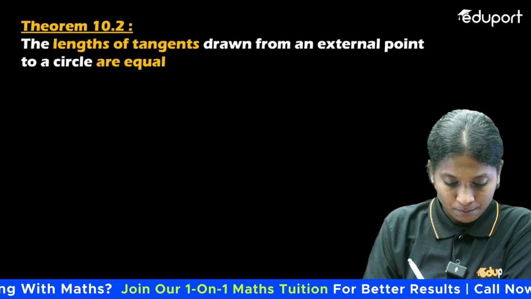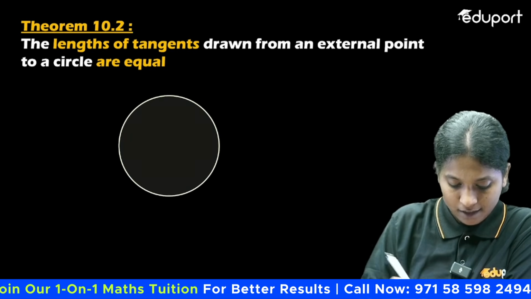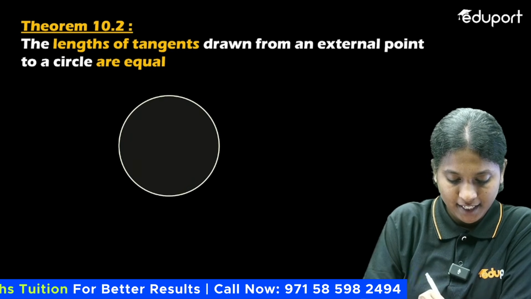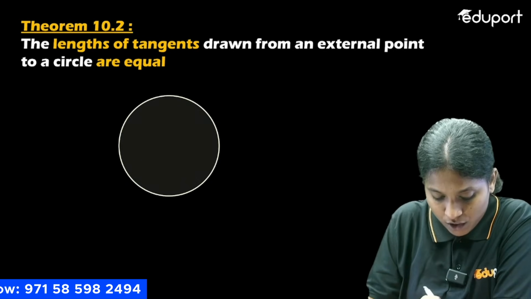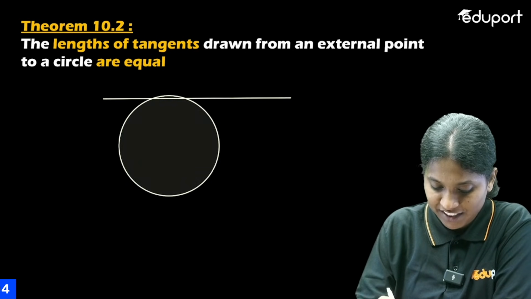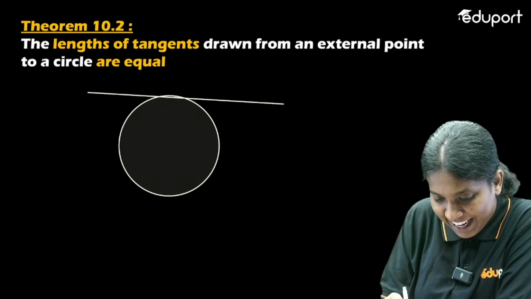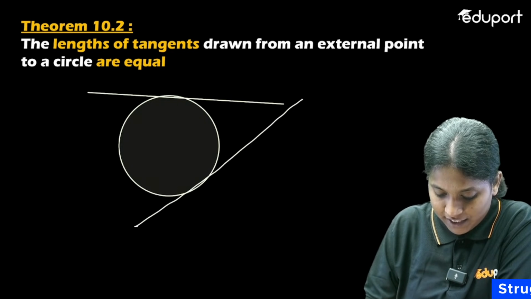So, here is a circle, and there are two tangents from an external point to the circle. So, here is one tangent, and another tangent.